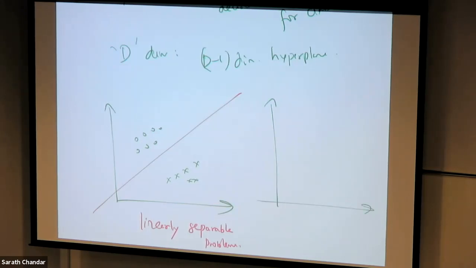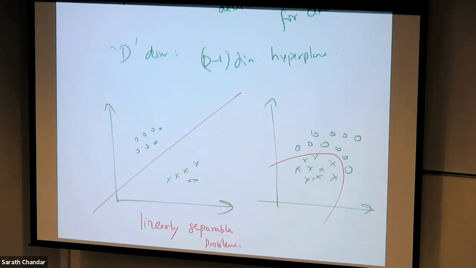One example I can give is, let's say I have something like this. This is my data. Now, how would I draw a line or a function which separates these two data sets? One possible thing you can think of is something like this, right? This is definitely not linear. This is a non-linear curve.